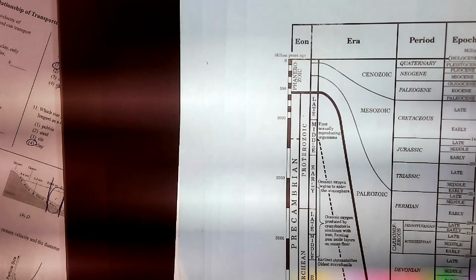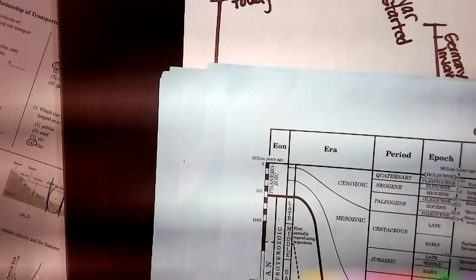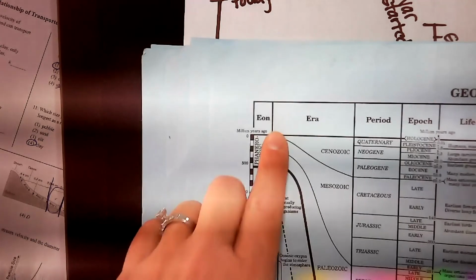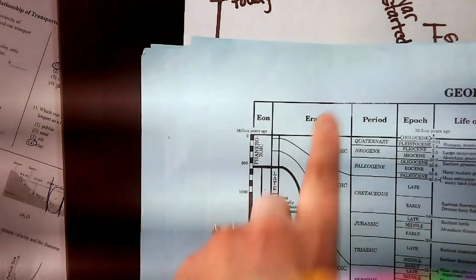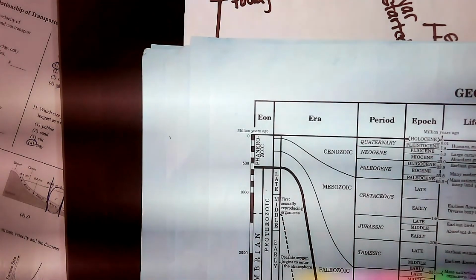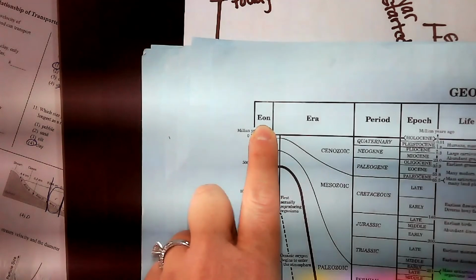Either way, they break up time on the timelines in a very similar way. But instead, because we're talking about more than a million years, more than 1,000 years, they get broken up into these eons, eras, periods, and epochs. So the biggest unit of time is an eon.